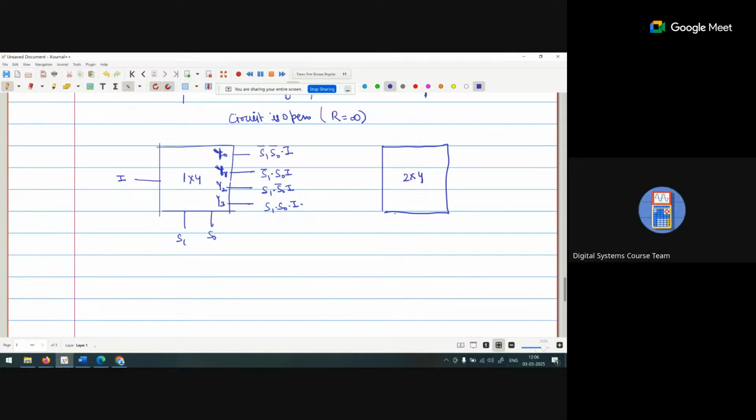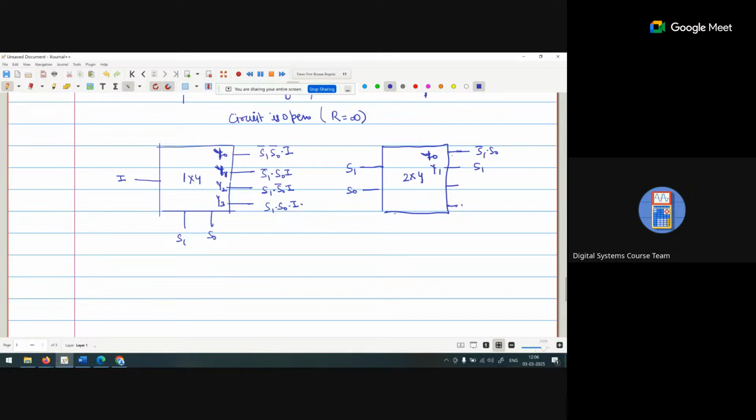Now if we are saying that there are two inputs, we are getting this one, this one, this one, and this one. So what is the value if I use S1 and S0? We are getting S1 bar, S naught bar for Y naught.